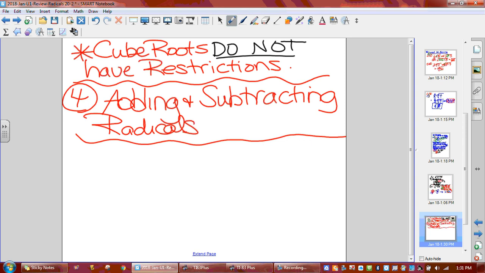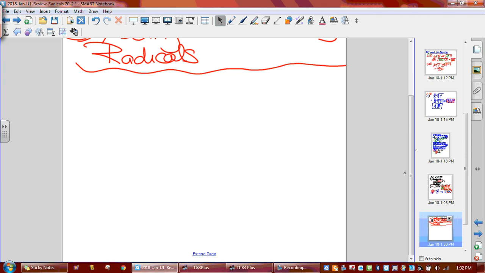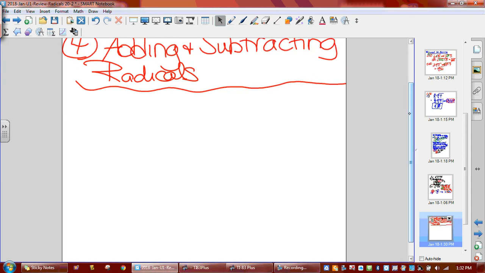Okay. Adding, subtracting radicals. There's only 2 things we need to have. What 2 things must we have in order to add or subtract? Who remembers? 2 things only. Starts with I. Index. Same radicand. Okay?